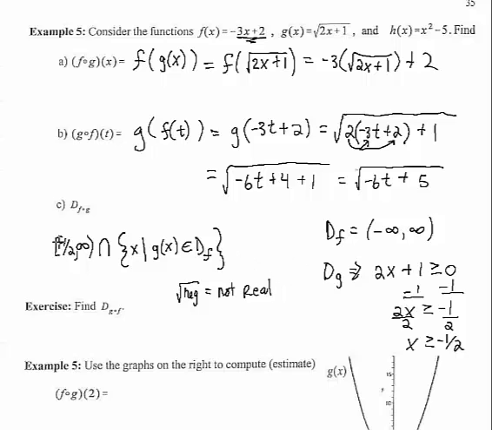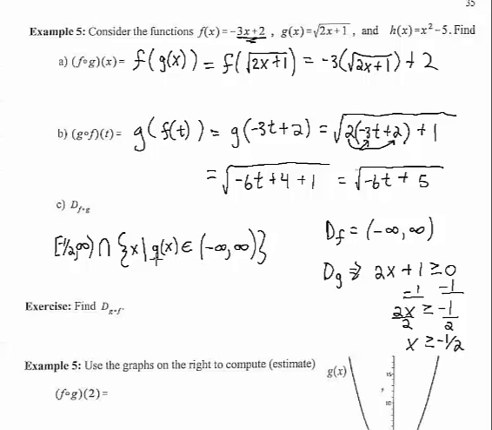Okay, so as long as we use this domain for g, g of x will be a real number. Now, what about d, the domain of f? Well, I can replace that with all real numbers.